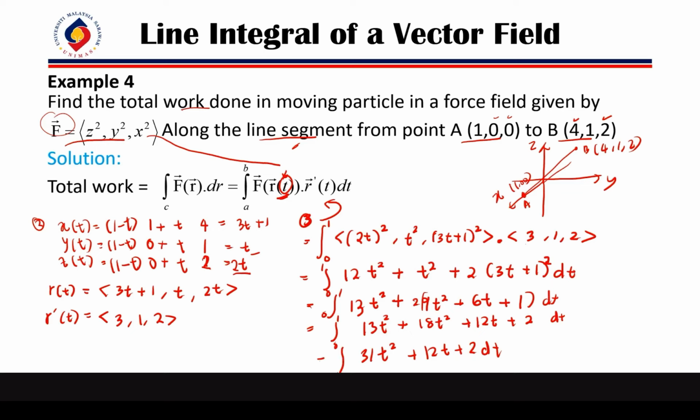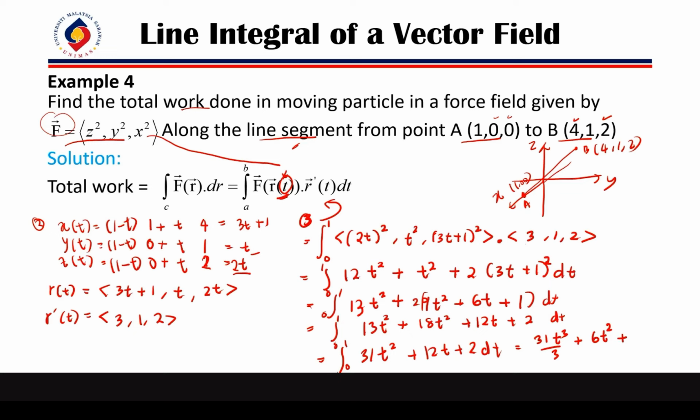So next is this one from 0 to 1. What we have to do is integrate this here, 31 over 3 t cubed plus 6t squared, right?